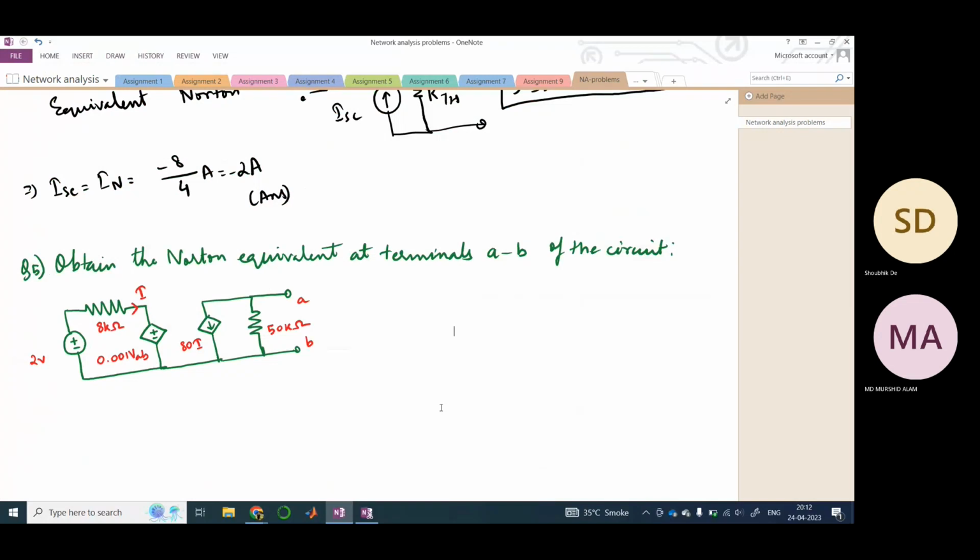And this is a dependent source, so that is why I have given this problem. For finding the Norton's equivalent circuit, we need to short this terminal, right? And if we short this, the 50 kilo ohm will go.